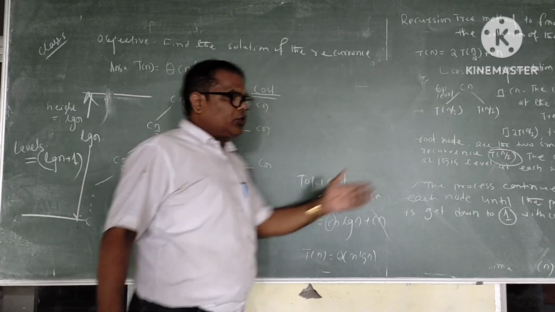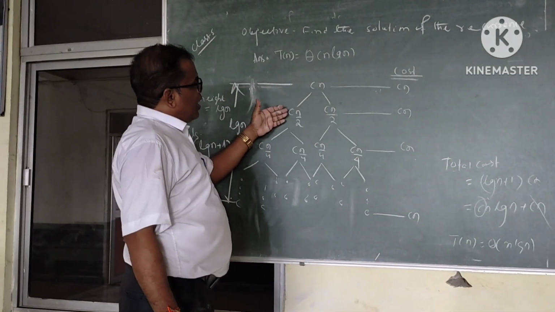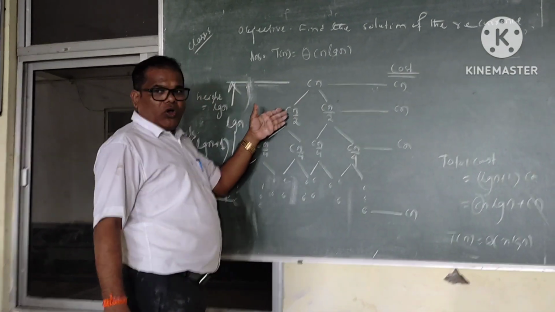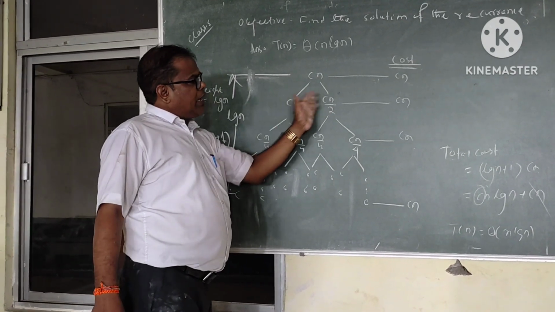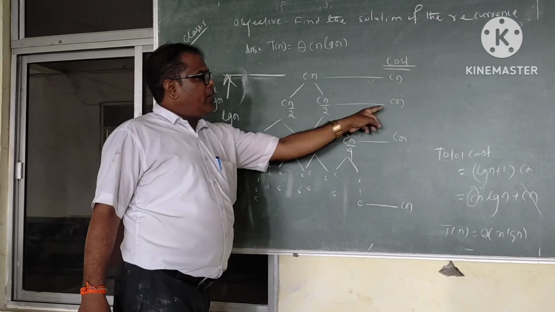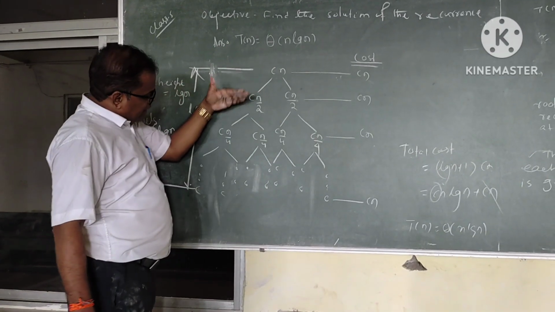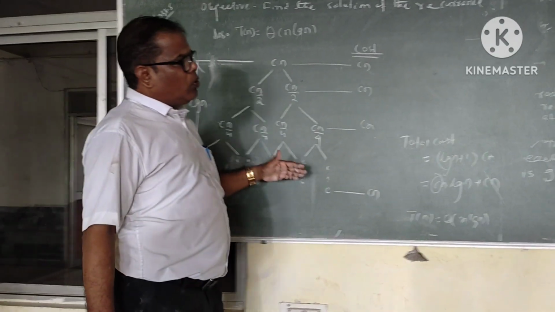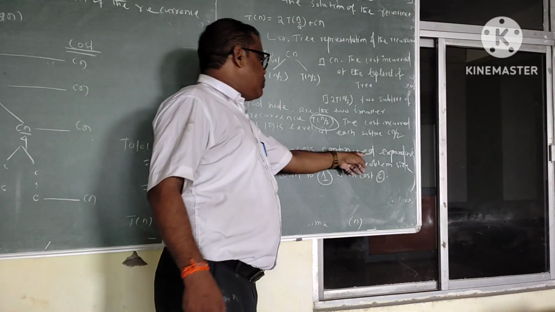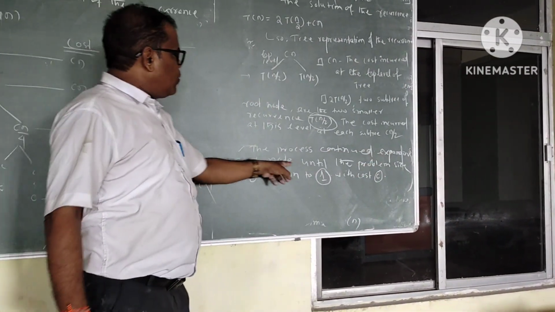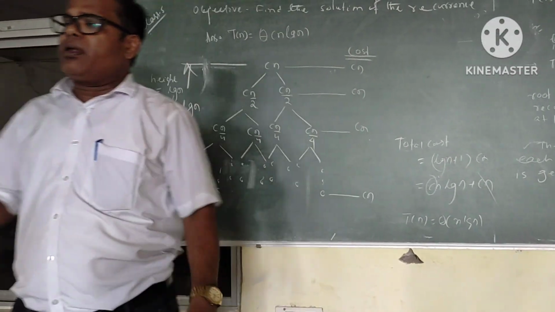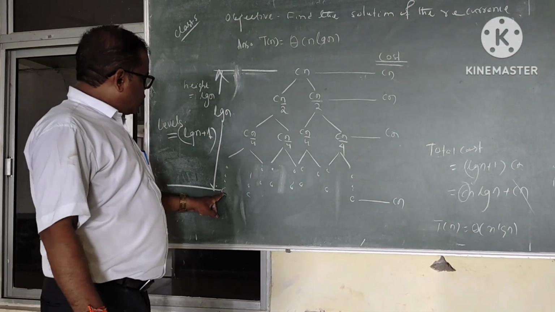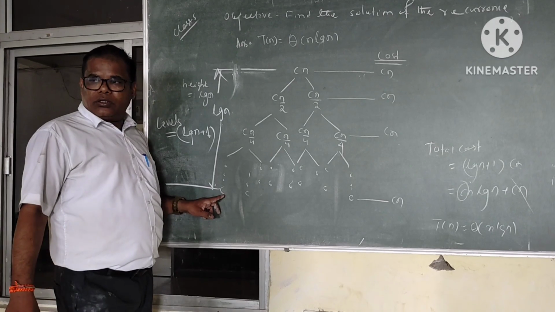At the second level the cost of each node will be Cn/2 and Cn/2, but if you aggregate this cost, you get Cn again. Repeat this again and again, recursively. The process continues, expanding each node until the problem size gets down to 1, and the cost of each will be C.